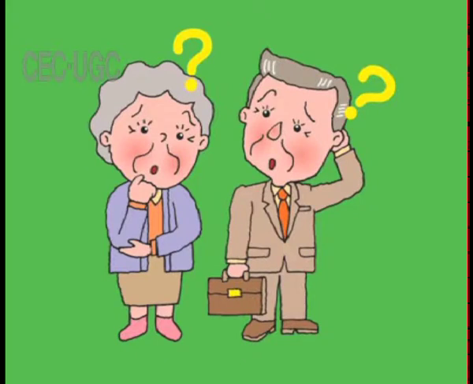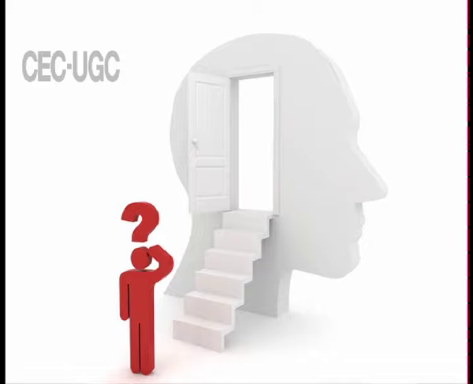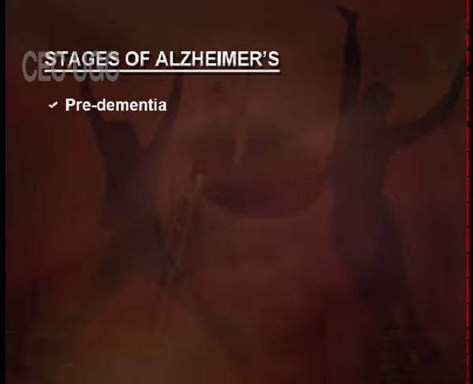Here the symptoms have the ability to affect the daily living activities of the person. The person is unable to acquire new information, finds it difficult with abstract thinking, and there is less flexibility and less attentiveness in the person. This is the first stage, called the pre-dementia stage.